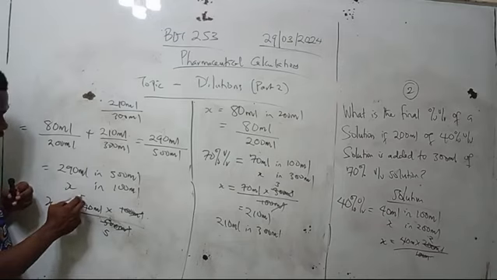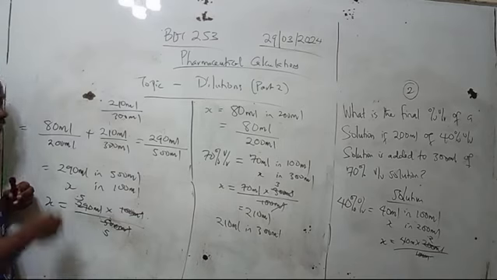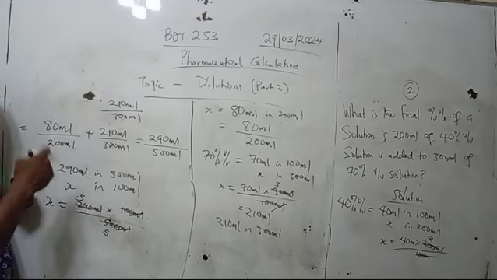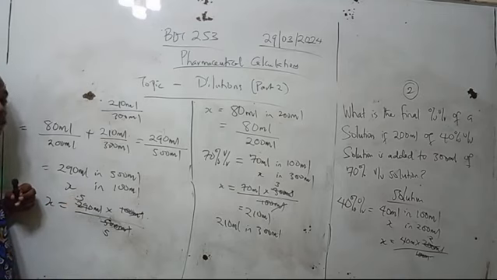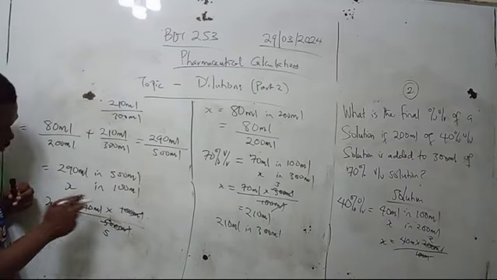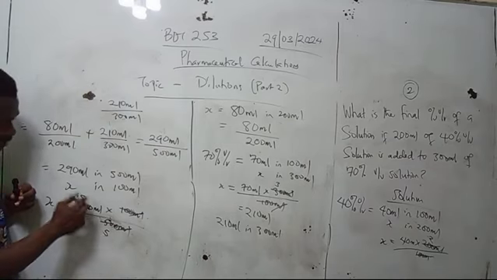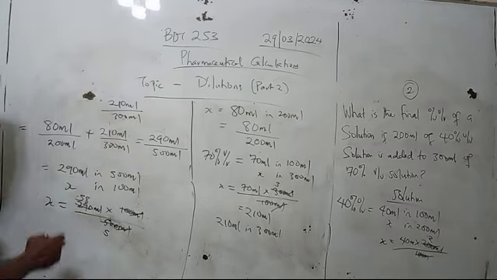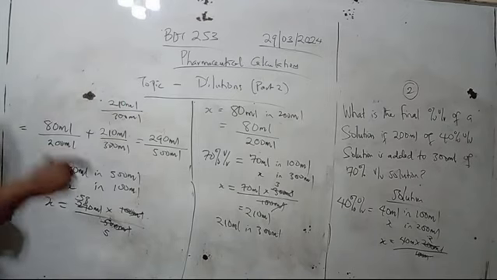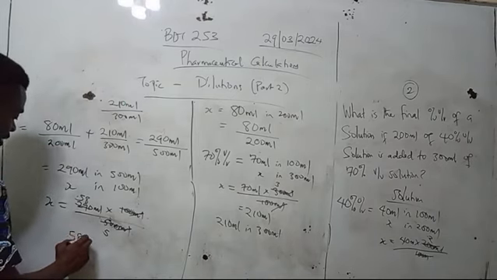If we have 58 in 100, 58 is already there, and 58 in 100 means percent, so percent will come out. Ml here is volume, so we have volume in volume. So the answer is 58% volume in volume.